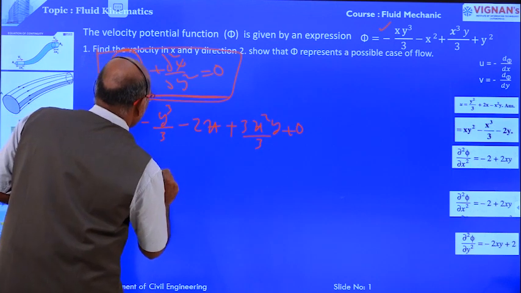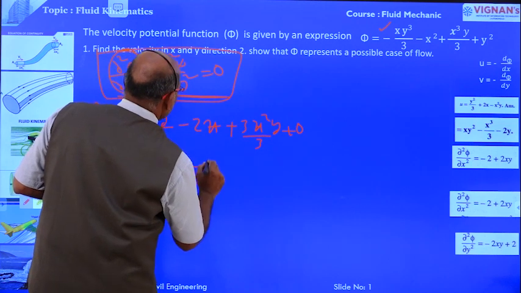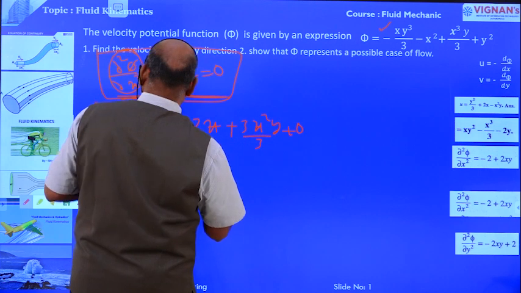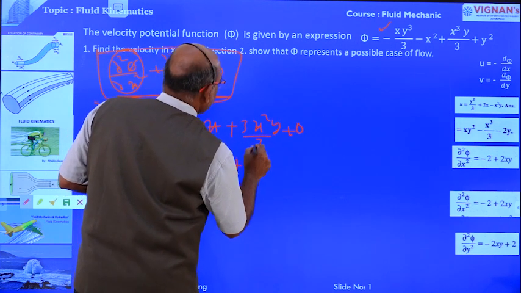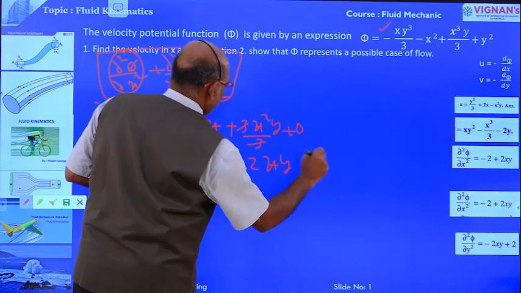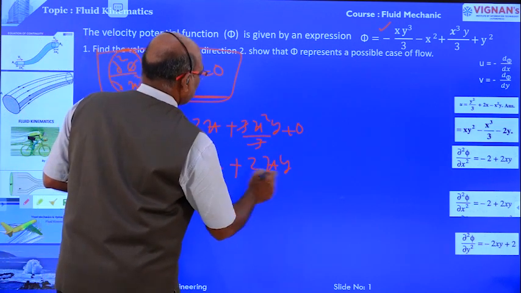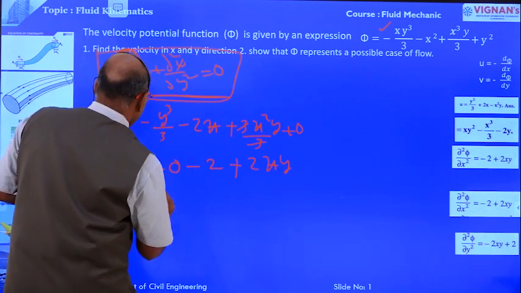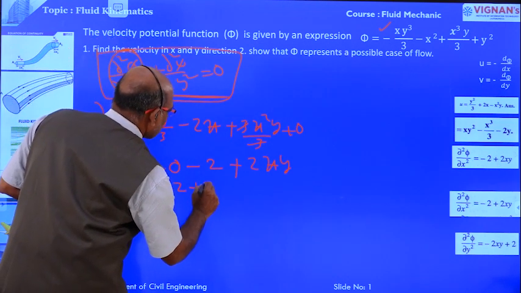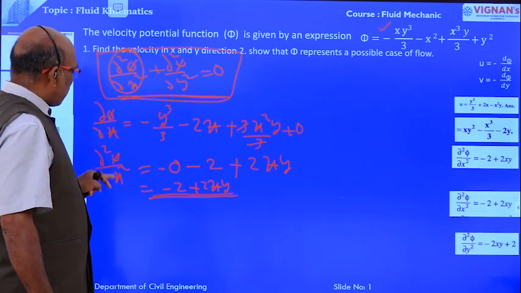Then this is equal to minus 0, minus differentiate with respect to x, this is minus 2, and plus, differentiate with respect to x, the 3 gets cancelled, 2xy. Okay, so dou square pi by dou x square is equal to minus 2 plus 2xy. This is the dou square pi by dou x square.